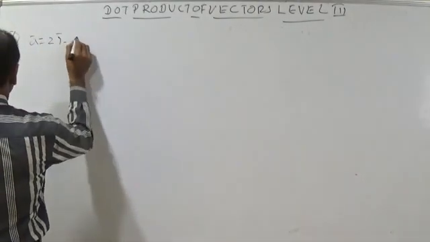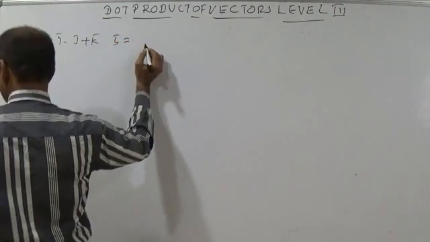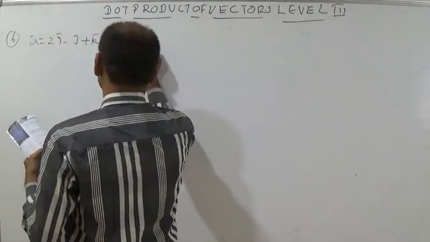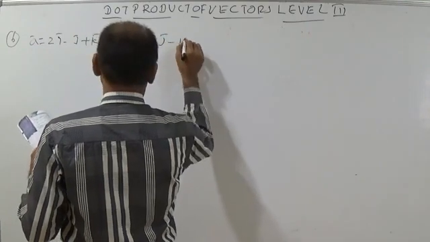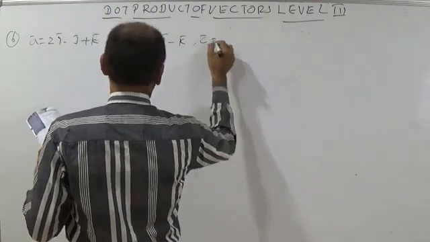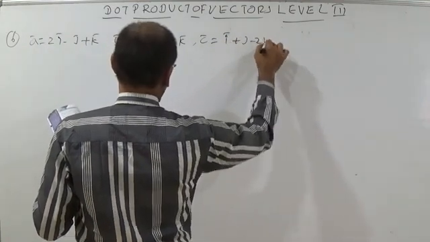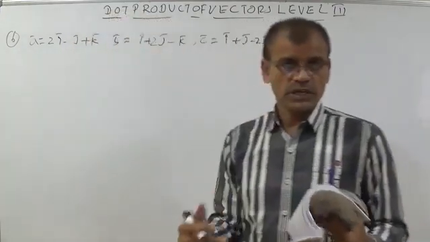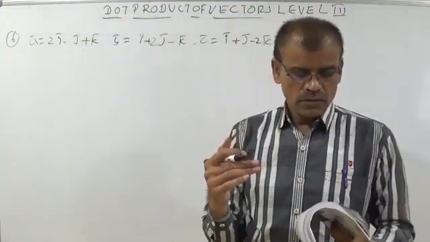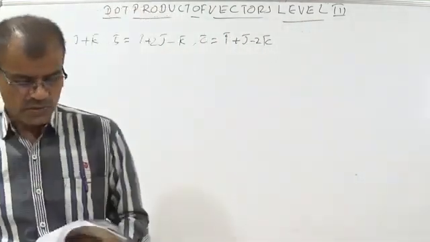a bar is equal to 2i minus j plus k. b bar is equal to i plus 2j minus k. c bar is equal to i plus j minus 2k. A vector in the plane of b bar and c bar, whose projection on a bar is of magnitude root 2 by 3. So it is better to verify the options.